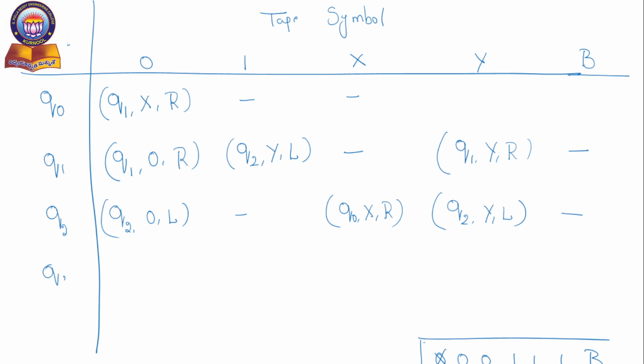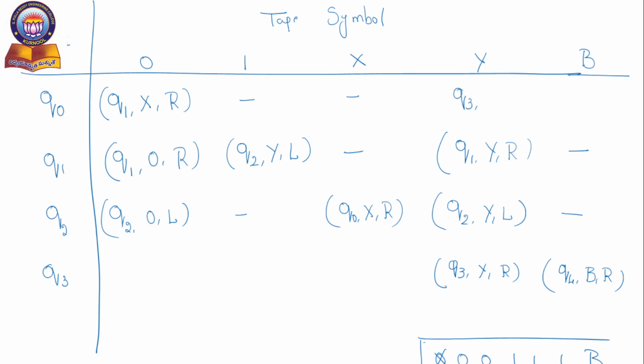Next, in the Q3 state, we have to move towards the right side and while moving towards the right, we will get the Y symbol, Q3, Y, R and blank symbol, Q4, B. And here when you come to the Q0 we will get Y symbol.